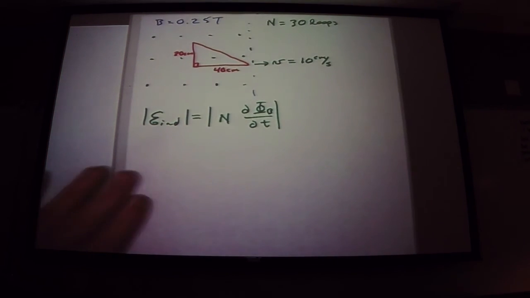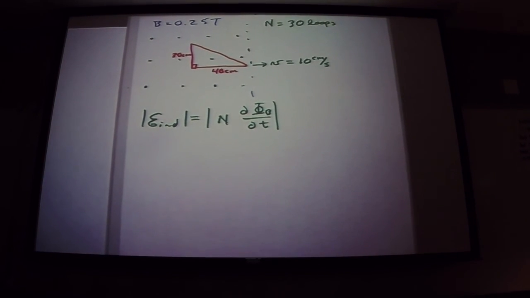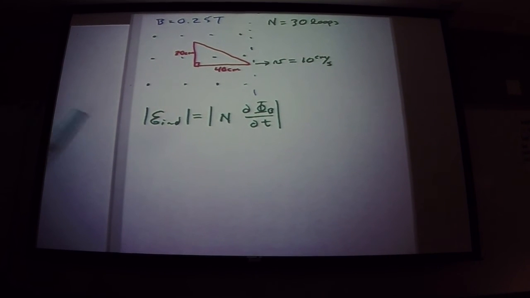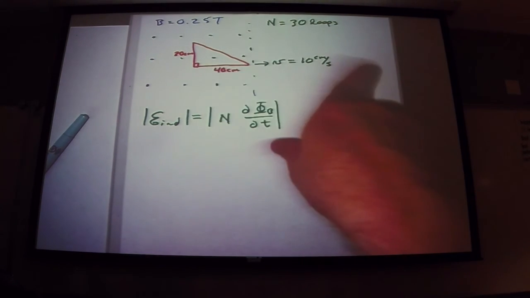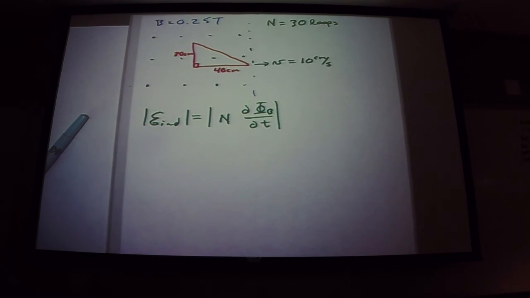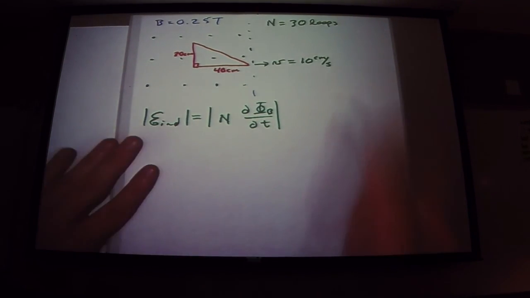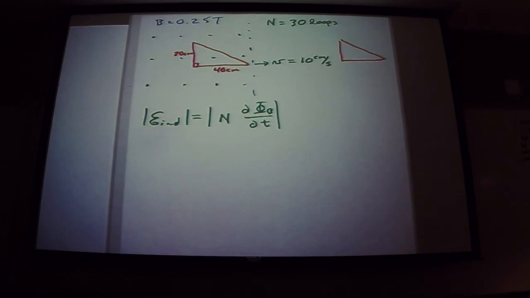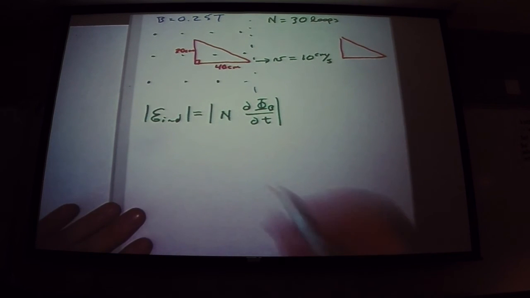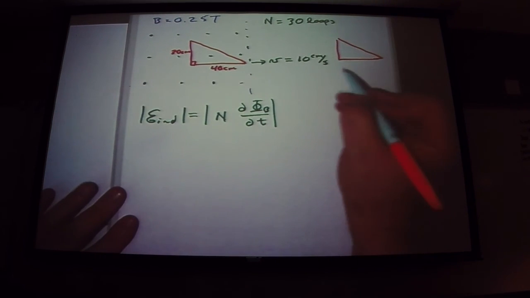Okay, so the number of loops is 30, and now I want the change in magnetic flux. Well, the change in magnetic flux here, I want to get from a before and an after. I want to use the delta, not the d, because I'm asked for average. So after, what's my flux after this thing gets pulled out?